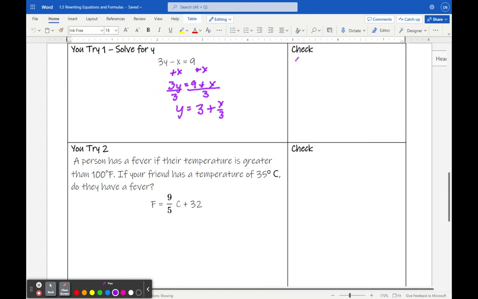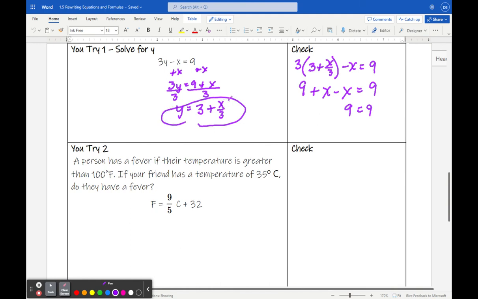Obviously, I can check. 3 times 3 plus x over 3 minus x equals 9. 3 times 3 is 9. 3 times x over 3 equals x, equals 9. X minus x is 0, so that's 9 equals 9, and that is correct. I know it looks like a y. Sorry, that's an x.